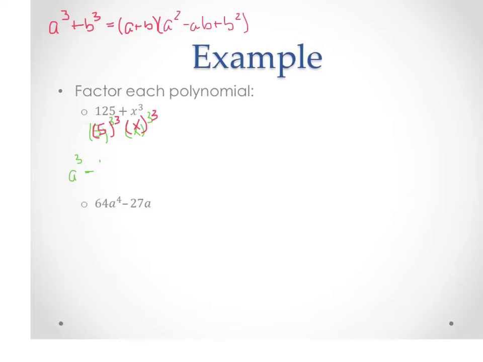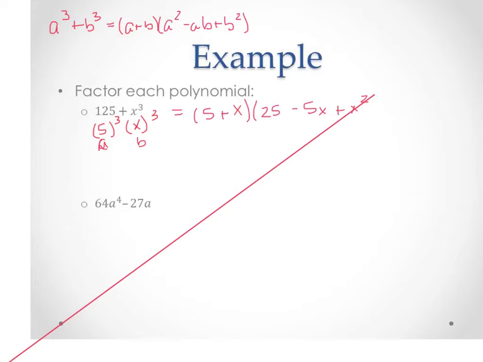So this is my a, this is my b. This is going to be 5 plus x, and don't switch them, just leave them in the order they come in. And then a squared is going to be 25 minus a times b, which is 5x, plus x squared. Alright, so then that is your answer.